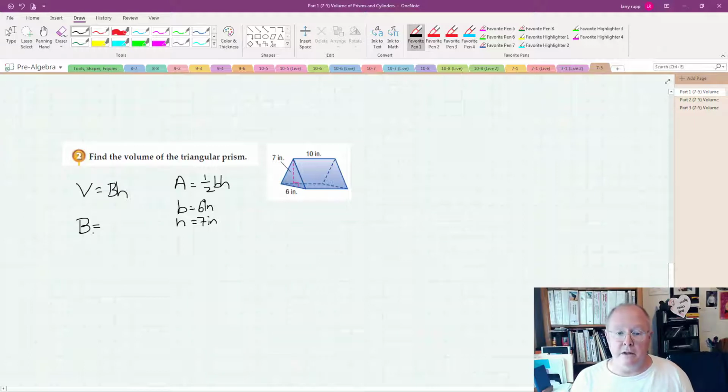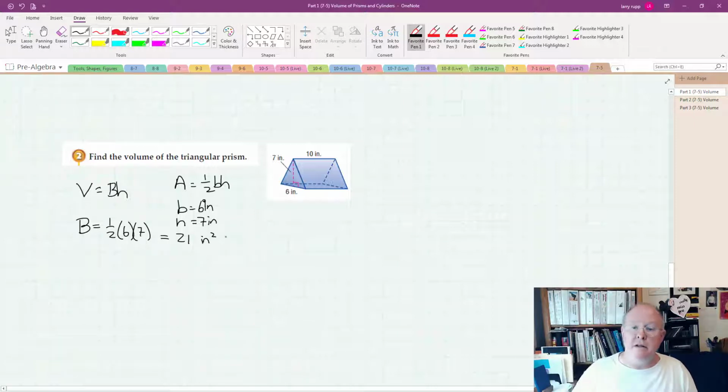Okay? So the area of that base of that triangle there is 1/2 times 6, the base, times 7, the height. And that's equal to 42 times 1/2, 21 square inches.